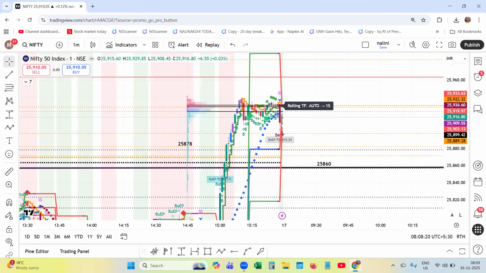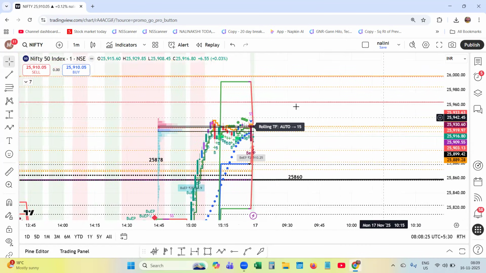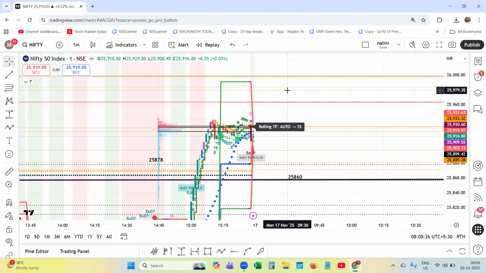It is near the cluster of resistance level. This is the hourly resistance level, and the intraday 15-minute EP cluster of call writers level, and intraday call writers level. These are the clusters of EPs.